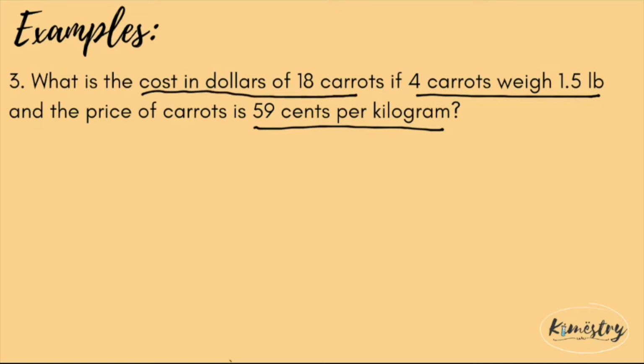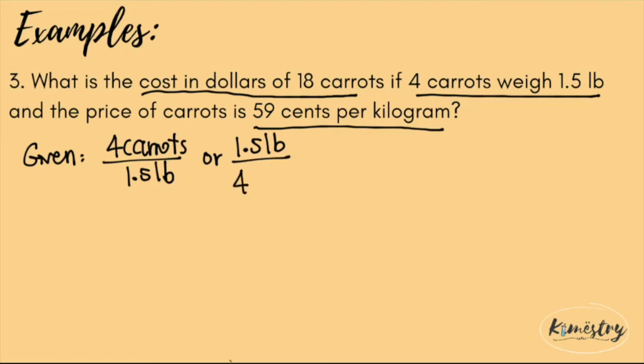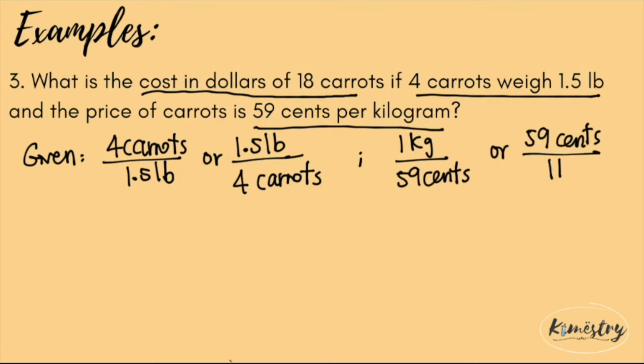So I'm going to write what is given to me. Given 4 carats per 1.5 pound or 1.5 pound per 4 carats, and also 1 kilogram equal to 59 cents or 59 cents in 1 kilogram. I wrote both of them because it's easier to see which one you can use to cancel the unit out.